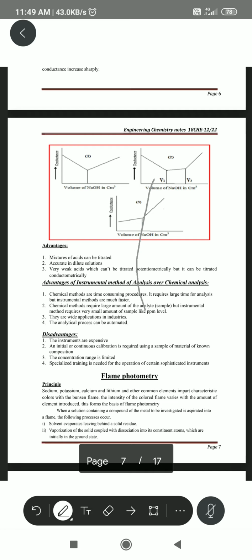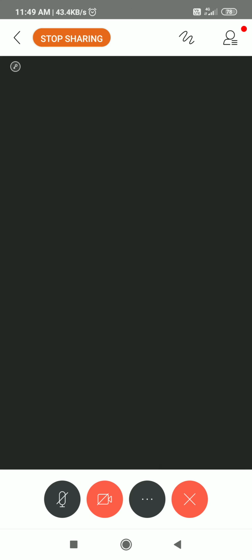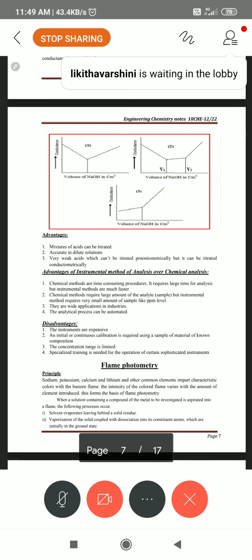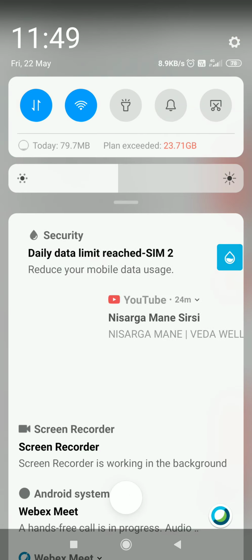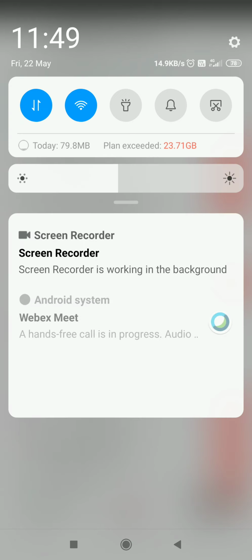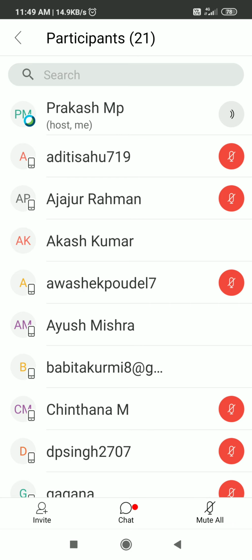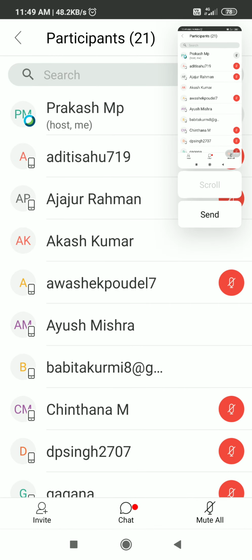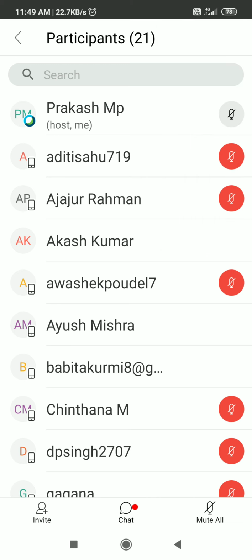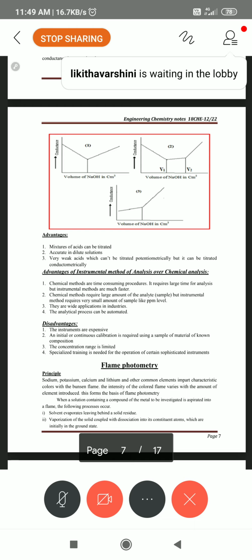So in this flame photometry, we are using solutions of sodium chloride or potassium chloride, any of these chlorides, and the respective filter and the respective series of standard solutions are the only ones you can use.